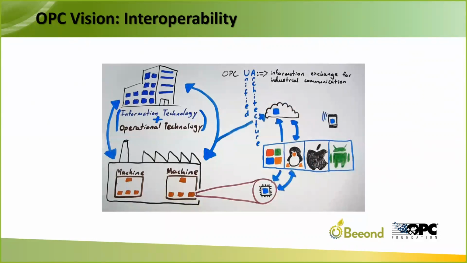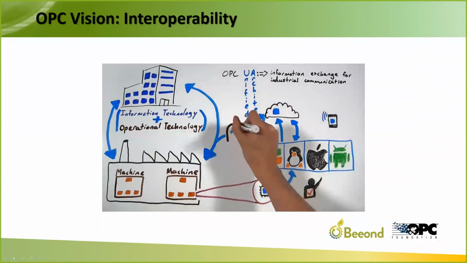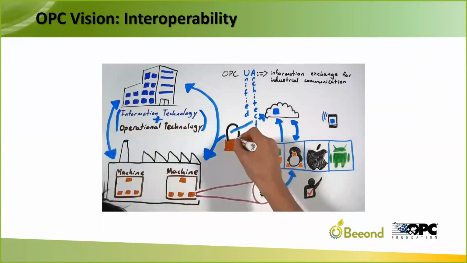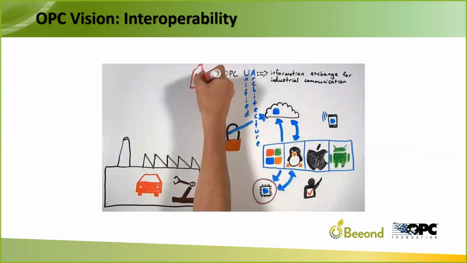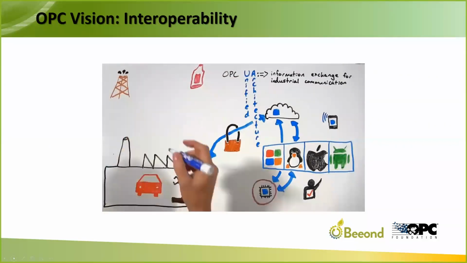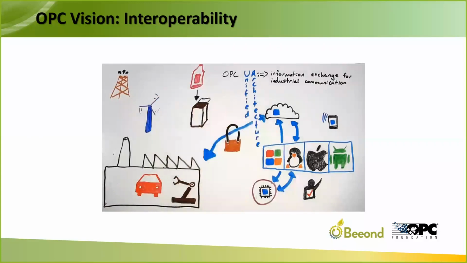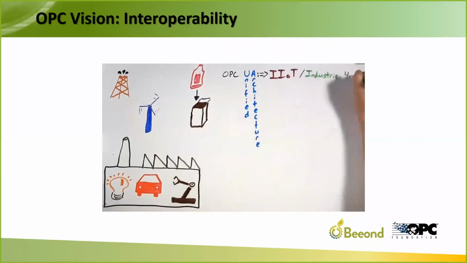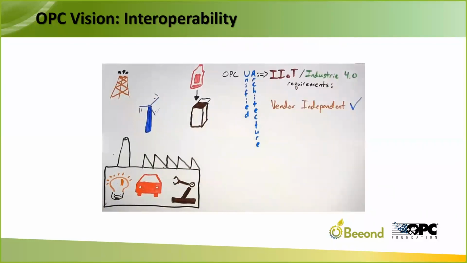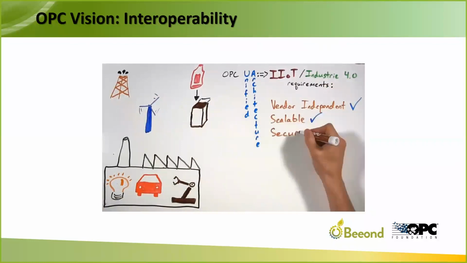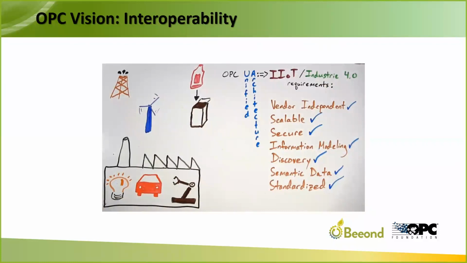OPC UA is equally suited in a closed network or utilized via the internet. Don't worry though, security is baked into the protocol for access control, authentication, and encryption. Because of its flexibility, OPC UA has been widely adopted in industries like automotive, food and beverage, oil and gas, energy and utilities, packaging, building automation, and so on. So, as manufacturing moves into the industrial Internet of Things, Industry 4.0 realm, OPC UA is already poised to fulfill the requirements.